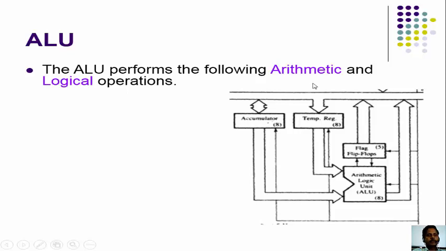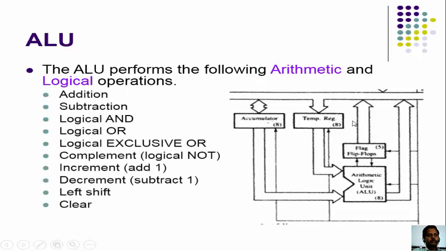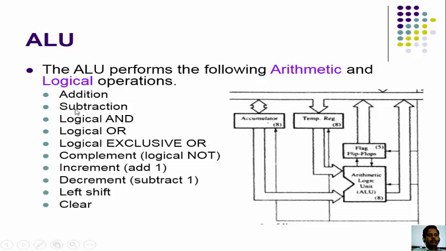So different logical and arithmetic operations like 8-bit addition, 8-bit subtraction, 8-bit logical operation, ANDing operation, logical ORing operation, logical XORing, that is exclusive ORing operation, complementation, that is logical NOT operation.